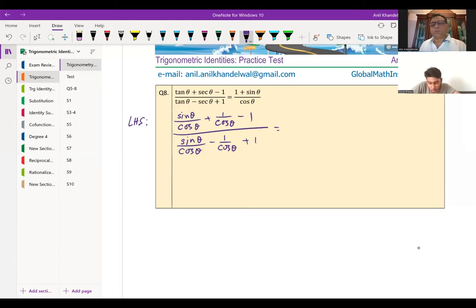And now you can multiply both numerator and denominator by cos theta, right? Get rid of denominator, get rid of fraction.